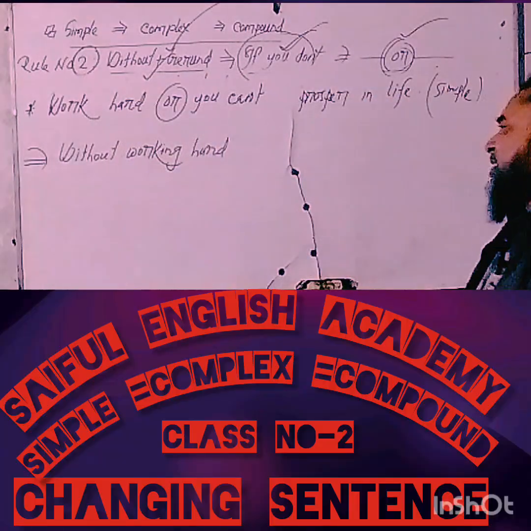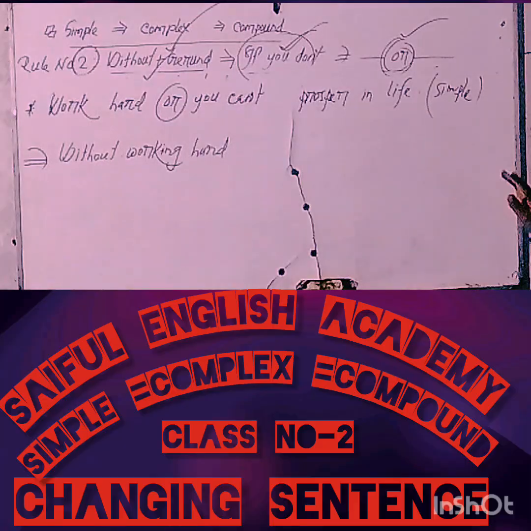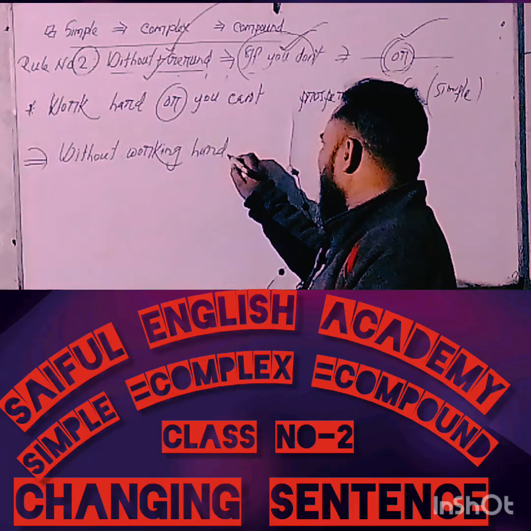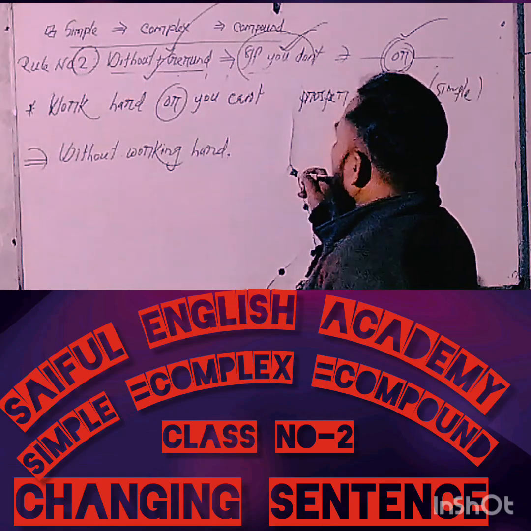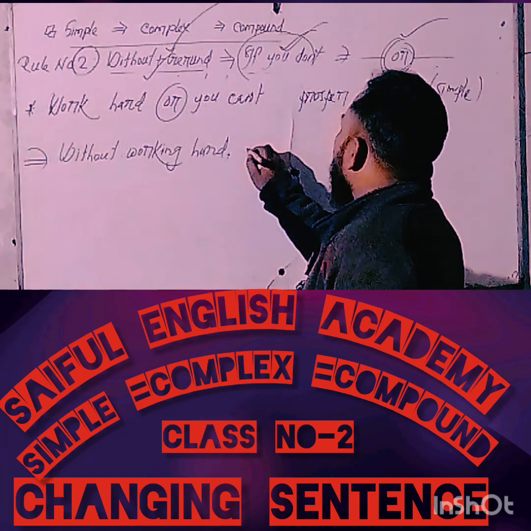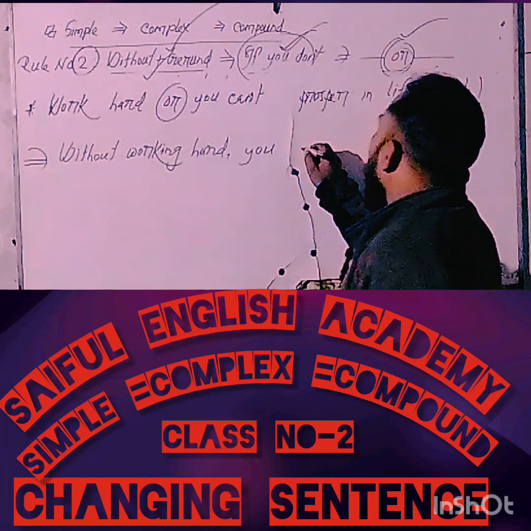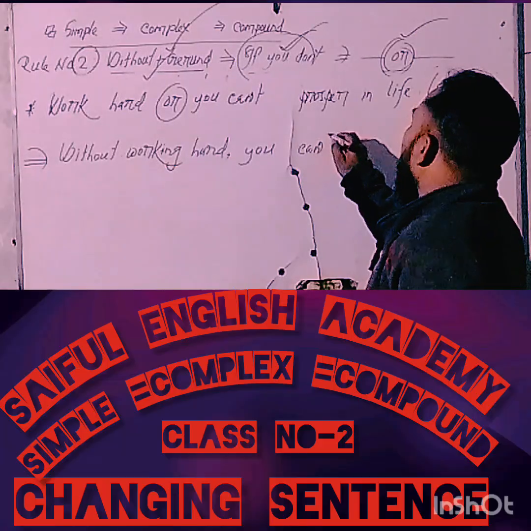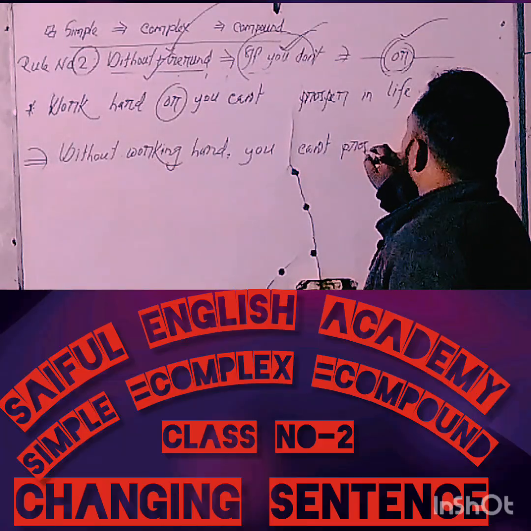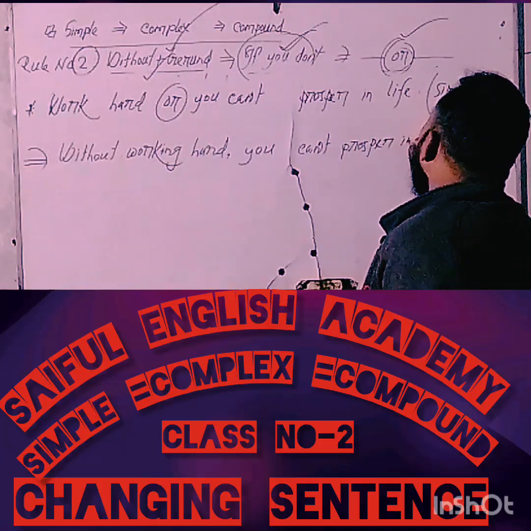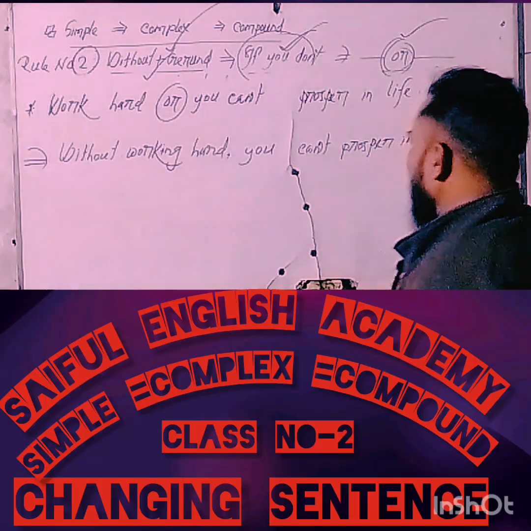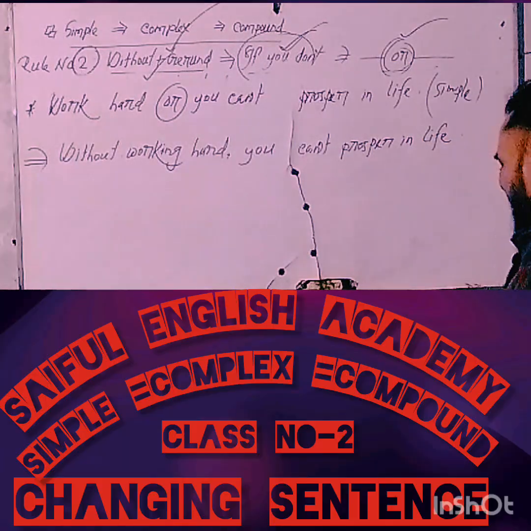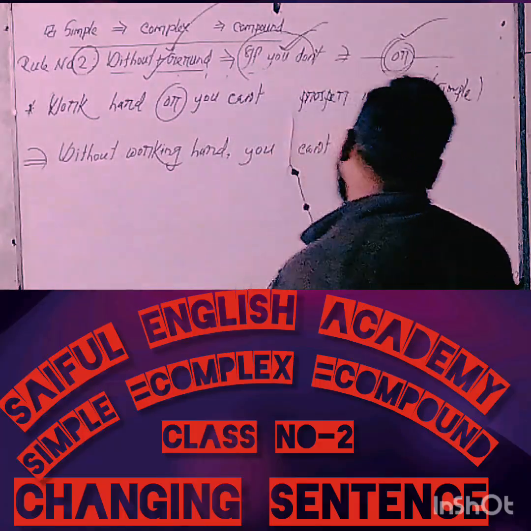But my dear learners, in this case, or must be deleted and you'll have to use a comma in the middle of the statement, keeping the principal clause unchanged. Right, principal clause: you can prosper in life. Okay, hope you have understood clearly.